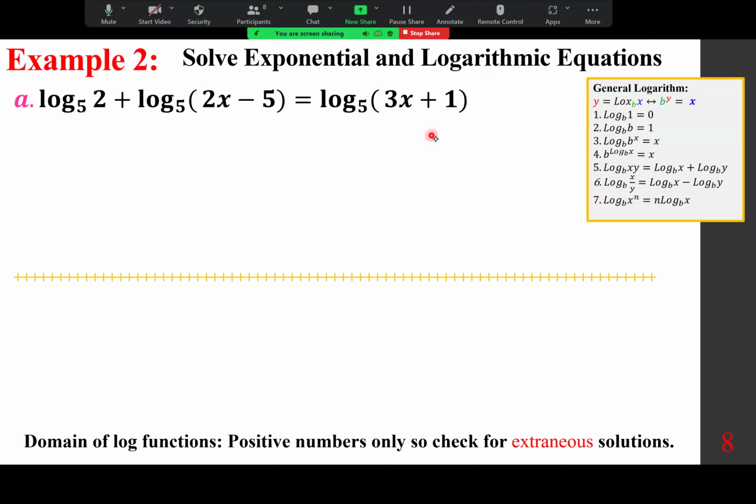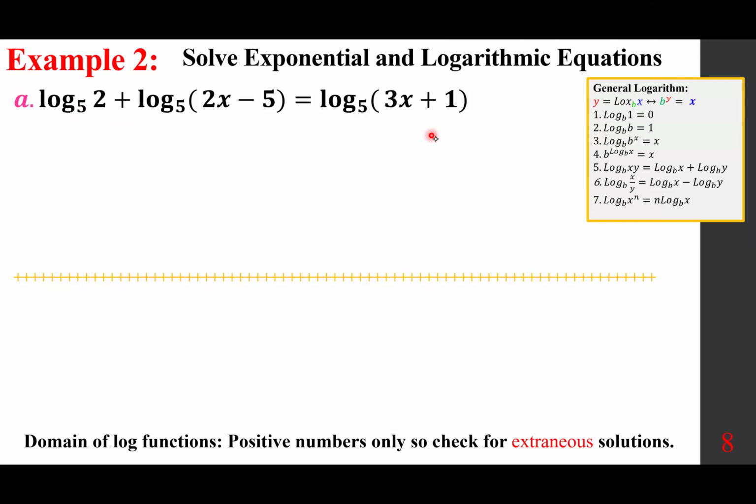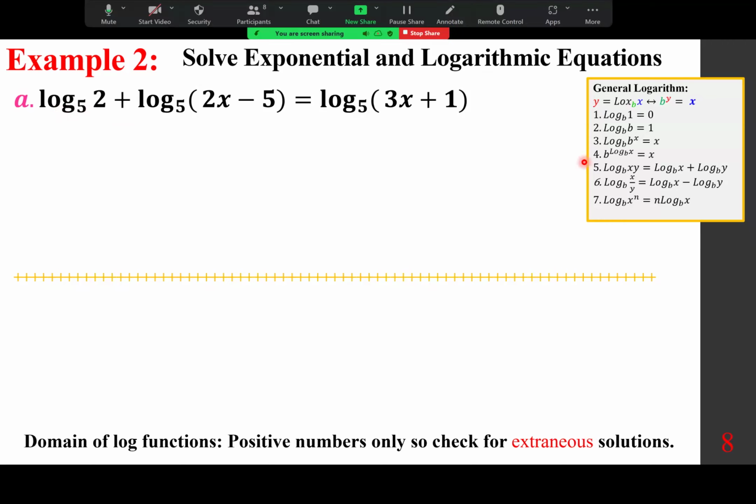So that being the case, if all of them are logs, both sides, then you don't have to move things around. Make each side into a single log. So as you can see, for this one, I'm going to use the product rule number 5, and I make it log base 5 of the product of 2 and 2x minus 1. The right side doesn't change.